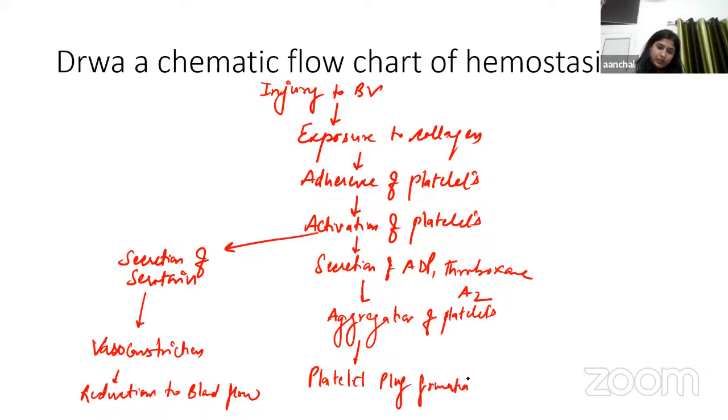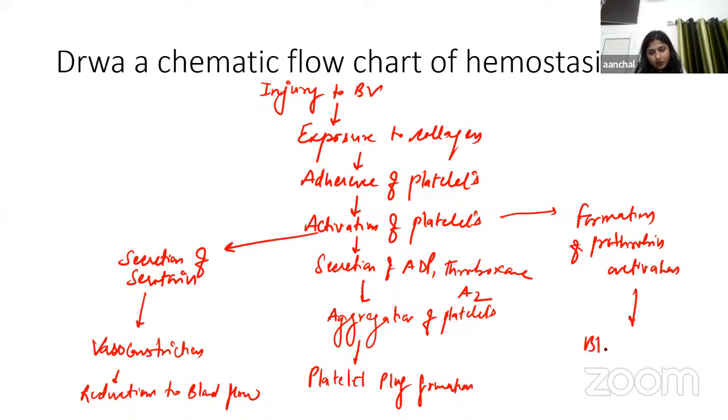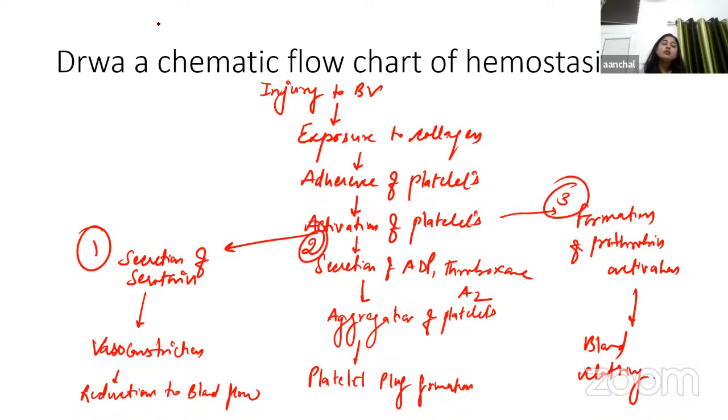Another thing we have learned is that there is formation of prothrombin activator, which leads to blood clotting, the formation of the temporary hemostatic plug. So this is stage 1, this is stage 2, this is stage 3. This is all about the process of hemostasis.